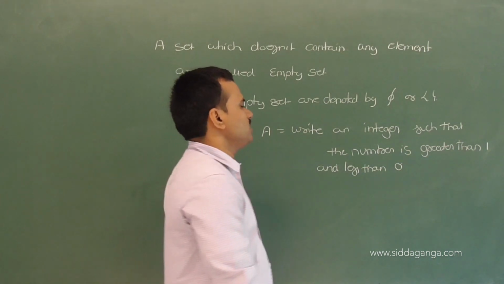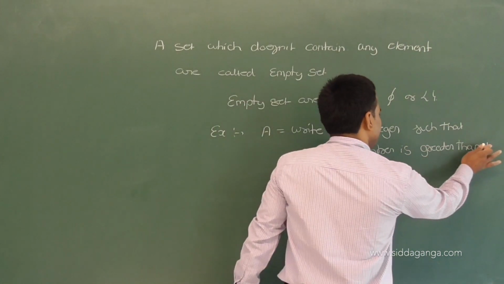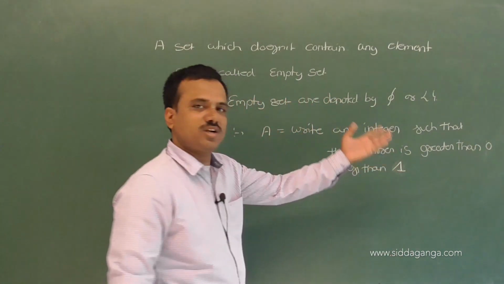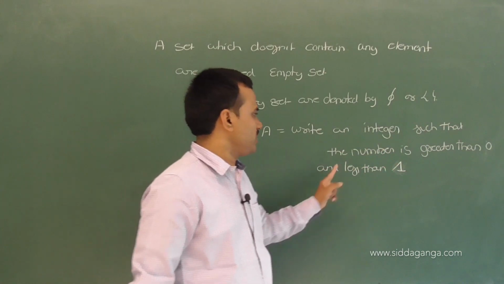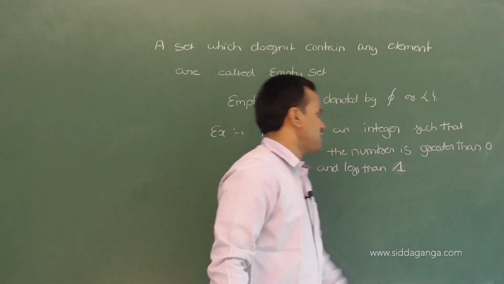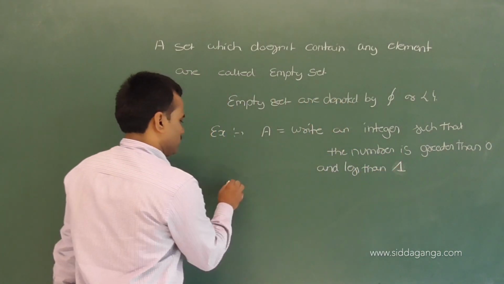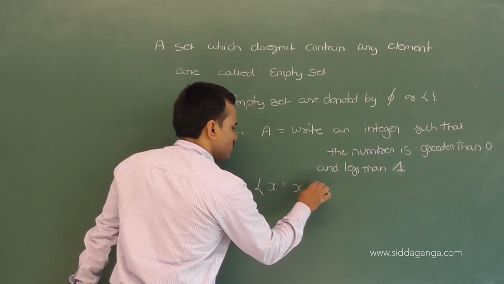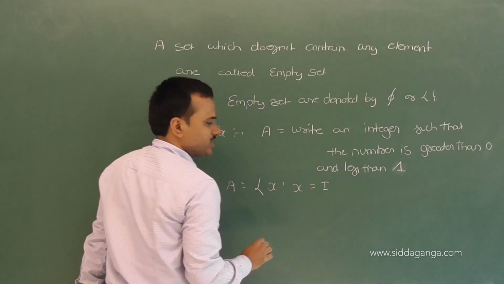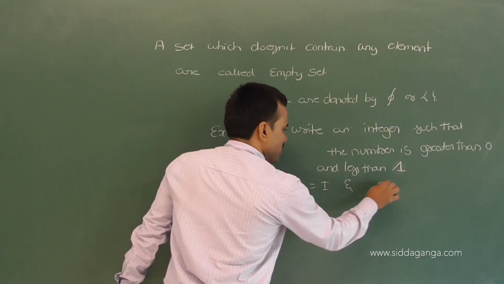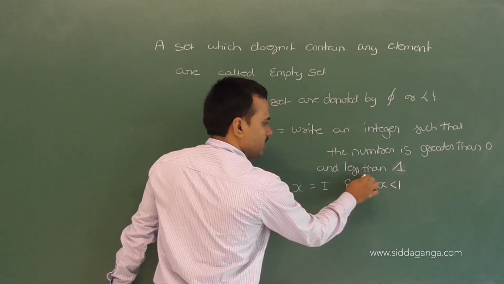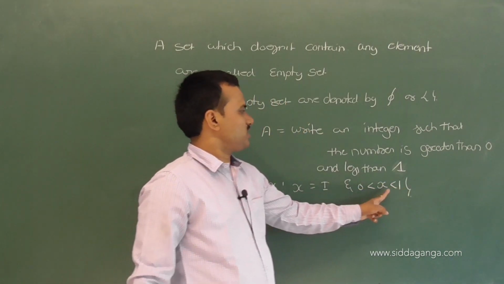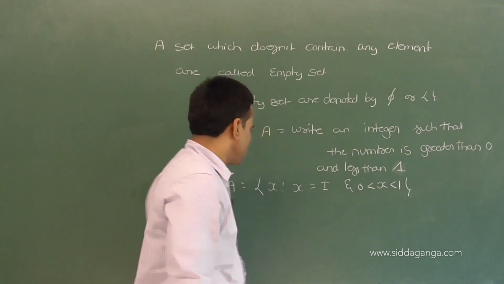Or else the number is greater than 0, sorry, less than 1. That is x such that x belongs to I, where I indicates integer, and x is less than 1 and greater than 0.